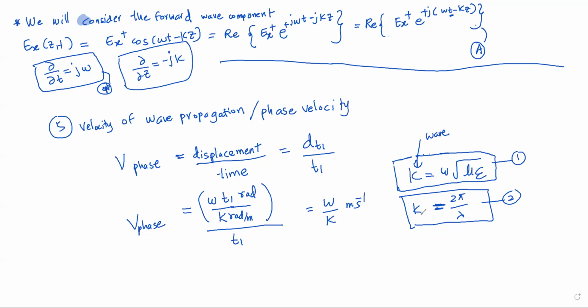The wave number, as I said before, is the parameter that gives us the rate of change of phase per unit length. So the amount of phase change per unit length is given by the wave number. How we find it is by taking the ratio of 2π over the wavelength.